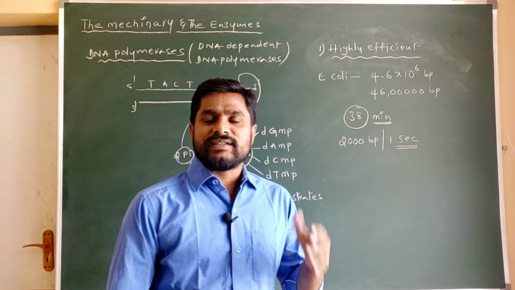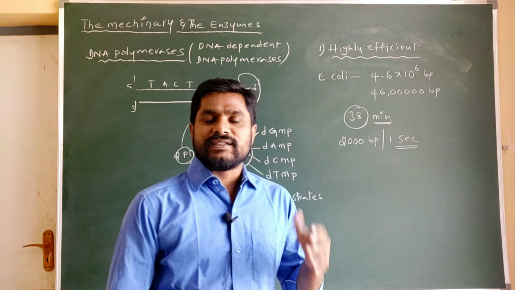If there is a thymidine monophosphate on the template, a DNA polymerase exactly polymerizes adenosine monophosphate here according to the rule of complementarity and base pairing. They never polymerize mismatched nucleotides. That is, they never polymerize adenosine monophosphate for cytidine monophosphate and guanosine monophosphate for thymidine monophosphate.